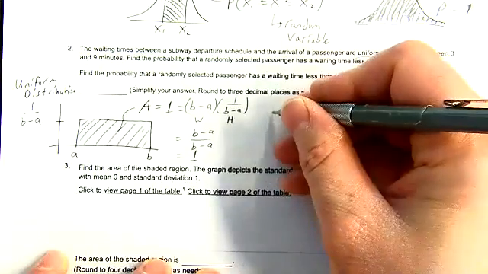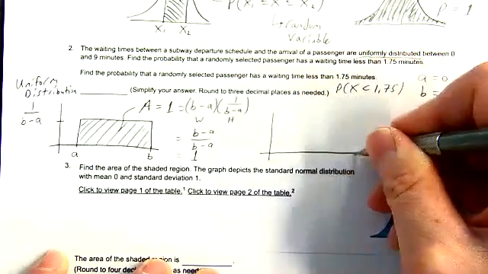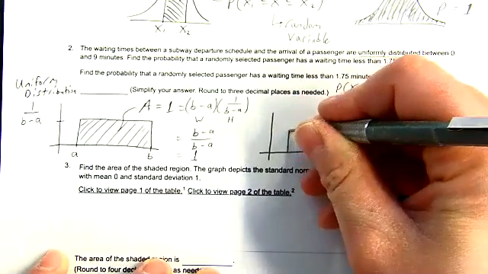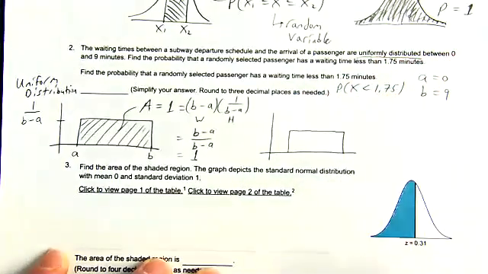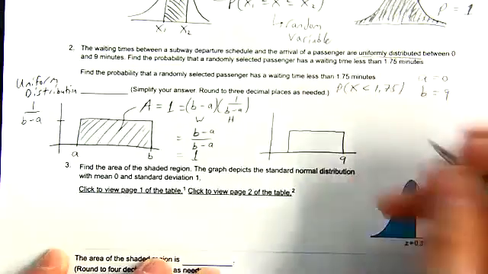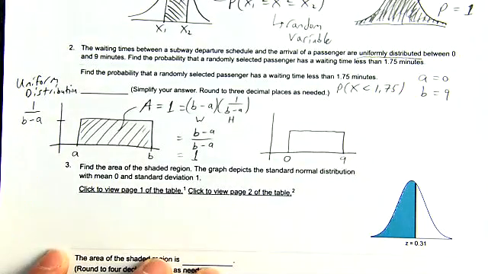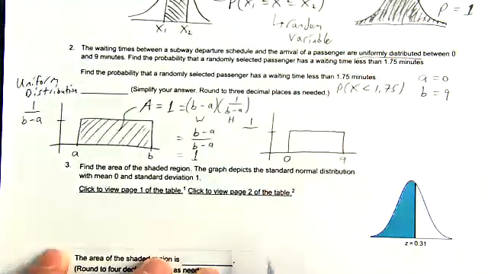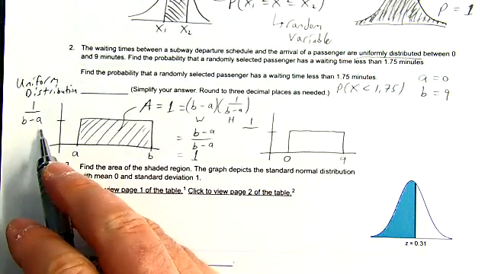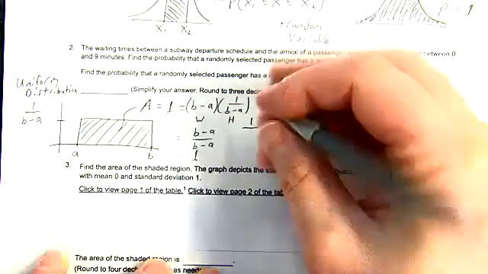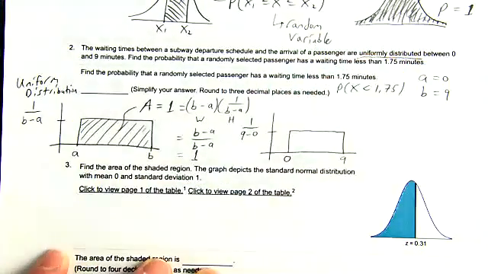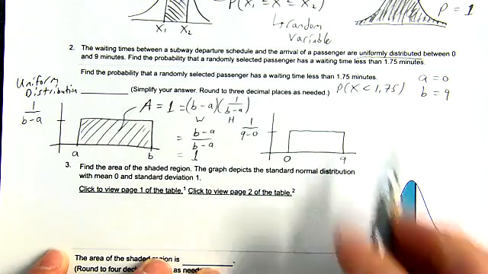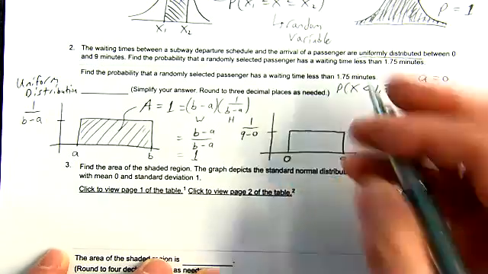So to make this curve, we would have a rectangle. B is 9, A is 0. The height is therefore 1 over B minus A. So 1 over 9 minus 0. And the x value we're interested in is 1.75.